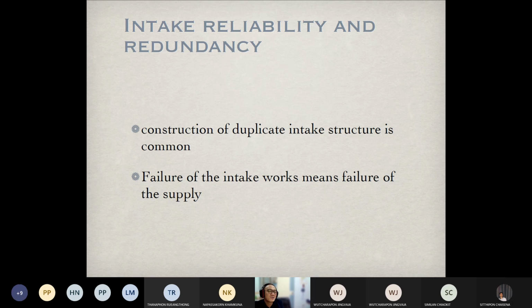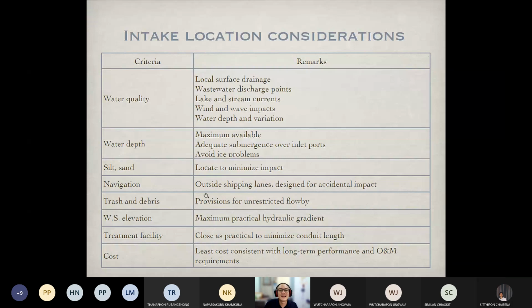Bioreactor, there are at least 2 reactors there. So it's important to make at least 2, even though we can make 1. But from a practical point of view, we had better have 2 units. As I told you, failure of the intake works means failure of the water supply.